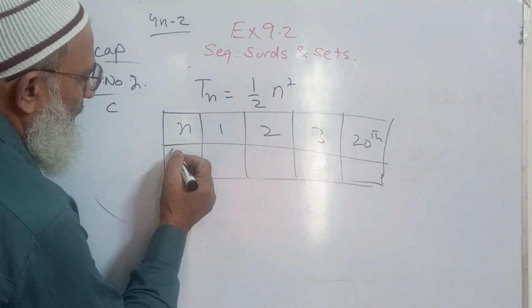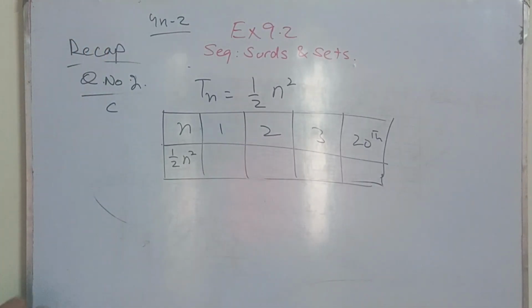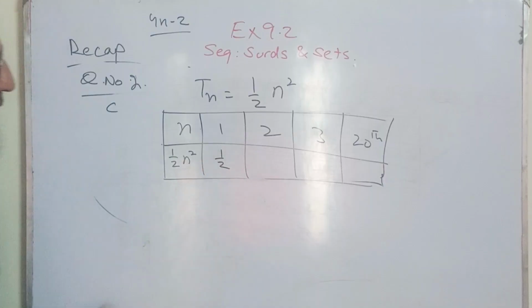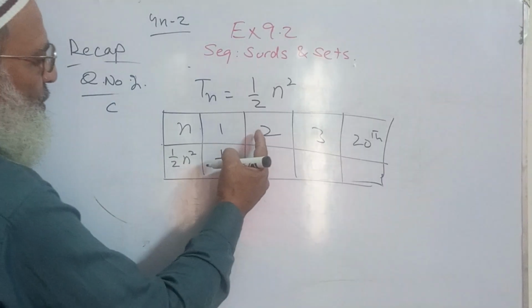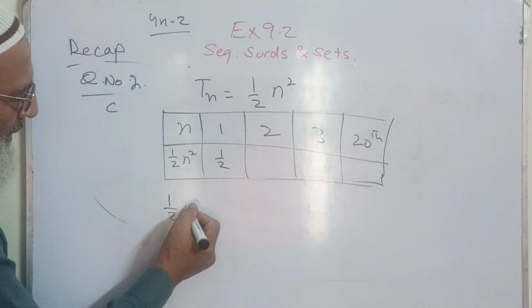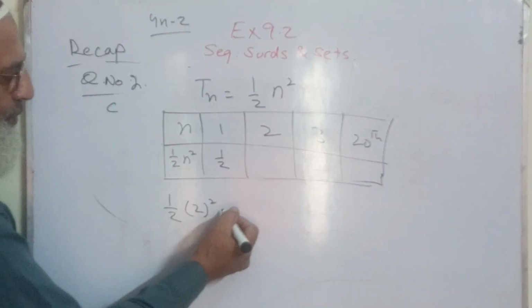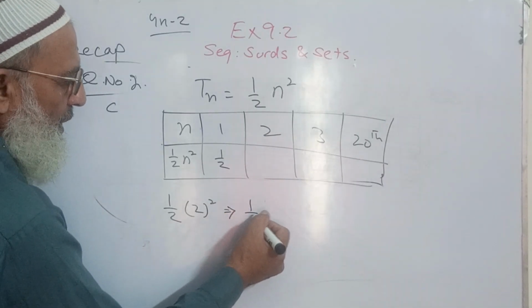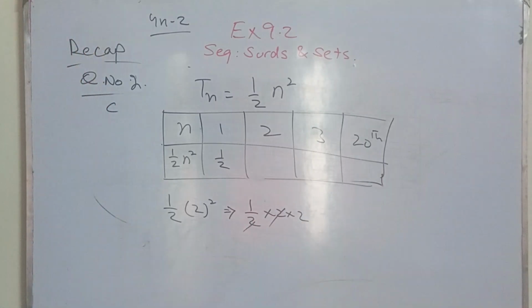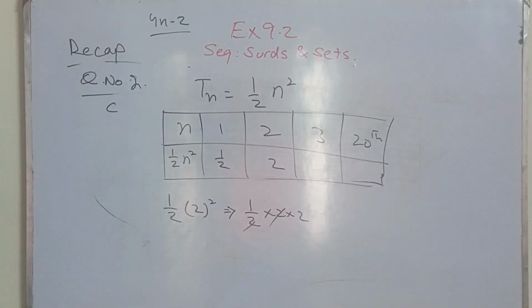So what is our formula? Half n squared. So n is 1 over here, so the first will become like this. N is 2 over here. So 2 squared is 4. If you keep on doing like this, it will work out.